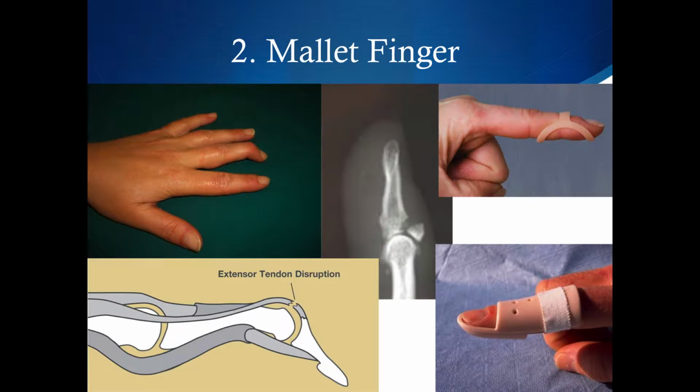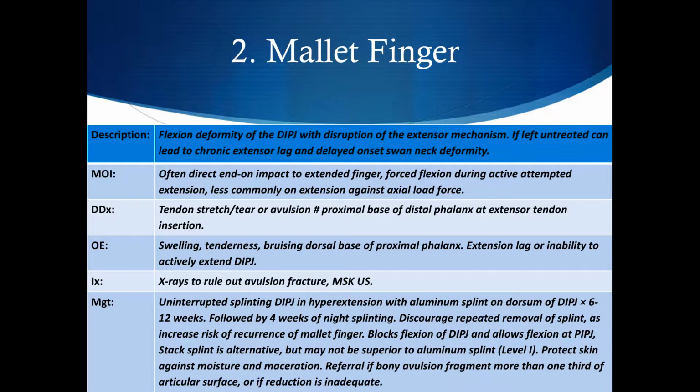We try to discourage repeated removal of the splint, as this increases risk of recurrence of mallet finger, but you have to protect against skin moisture and maceration. A surgical referral may be required if the bony avulsion fragment is more than 1/3 of the articular surface, or if reduction is inadequate.